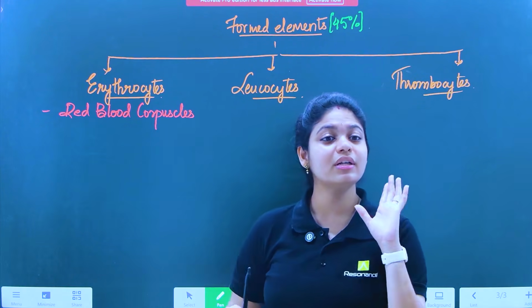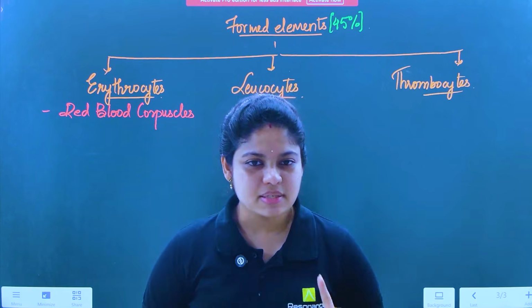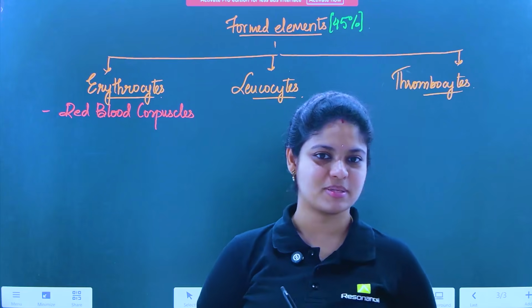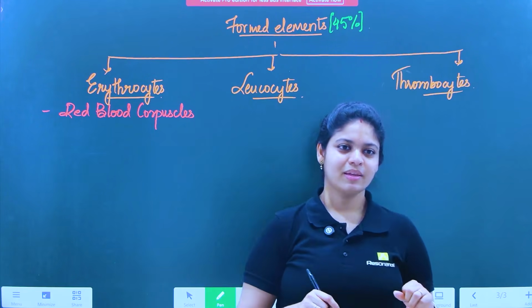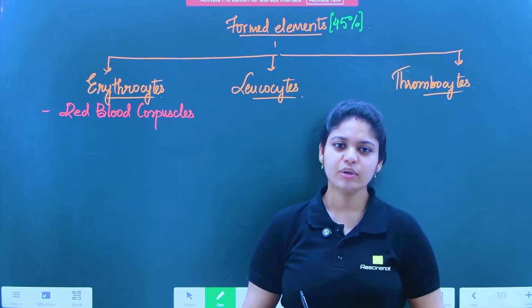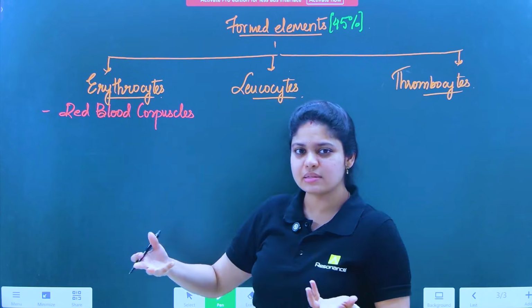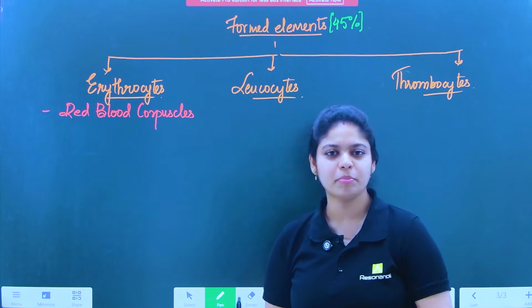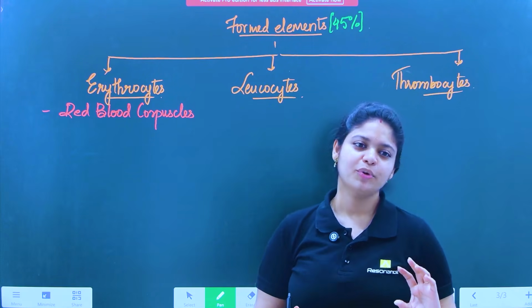Cell organelles are absent. That is the reason why it is not called a cell, but a corpuscle. Got it, Nana? So erythrocytes is a medical term, nothing but red blood corpuscles.